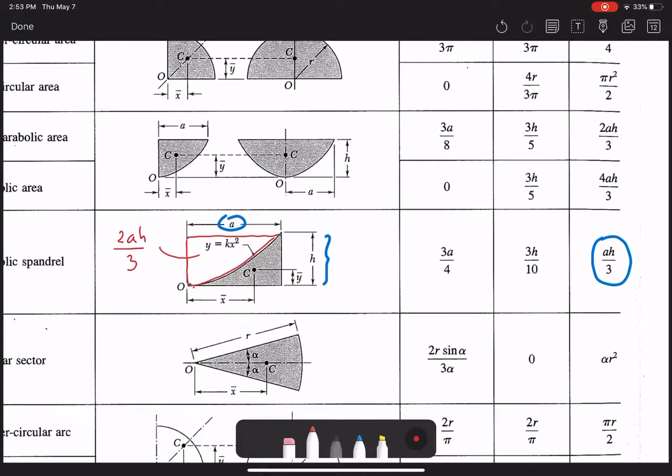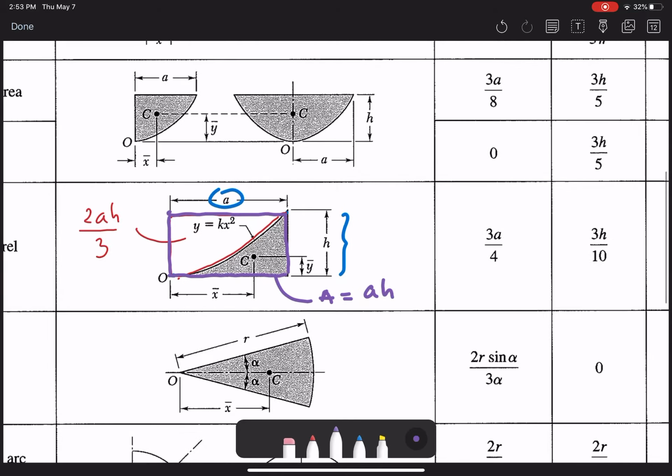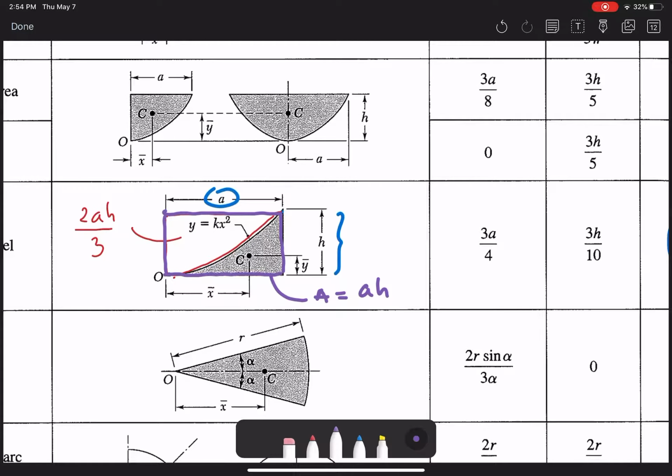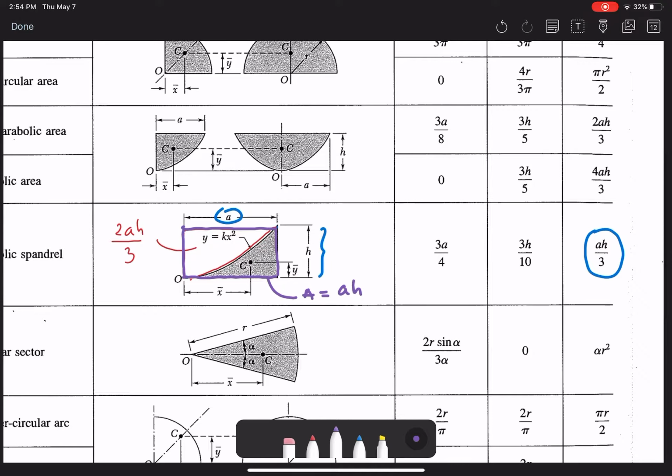Let me put down the purple here. The area of the purple, for the rectangle, will be AH. So the AH over 3 plus the red, 2AH over 3, added up have to equal the purple, AH. 2/3 AH plus 1/3 AH will be AH. Everyone okay?